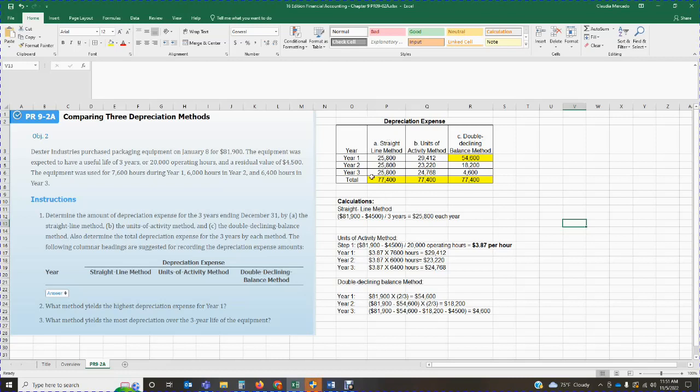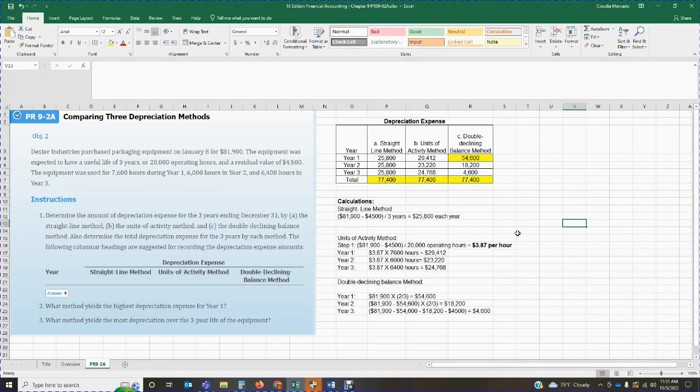Straight line, same amount all 3 years. Units of activity, it's based on the actual usage of the equipment. Double declining balance is a more aggressive approach, basically doubling the rate of the straight line calculation without taking into account the residual value. Remember, in the straight line method, we deduct the residual value. Double declining, we don't at the initial phase.